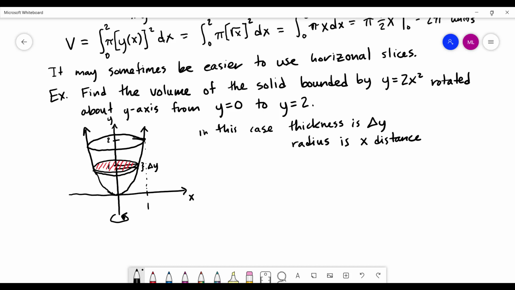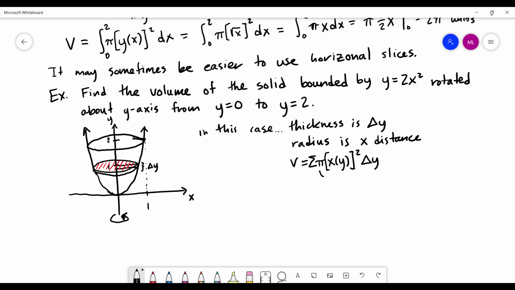So in this case, the volume will again be pi times the radius squared, which is going to be some x of y potentially. It's the x coordinate squared times the delta y, and we're going to sum all those up. There we go.